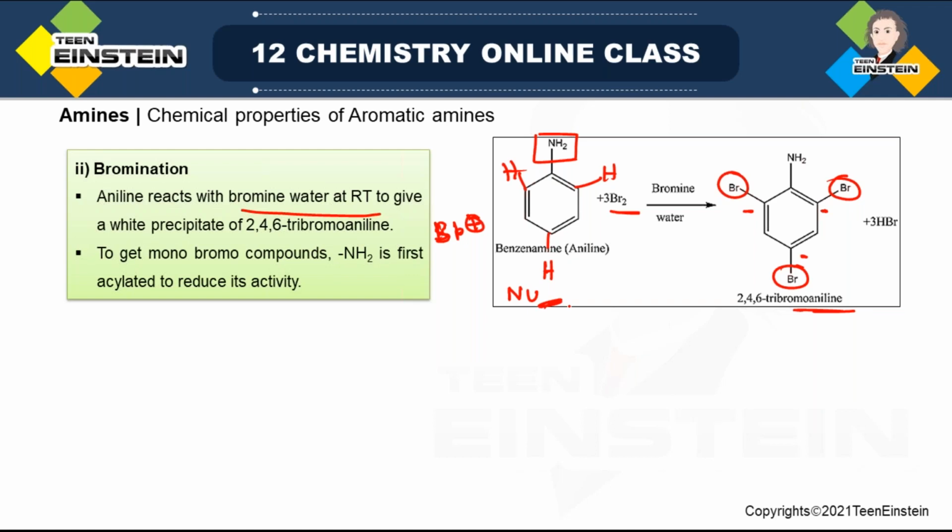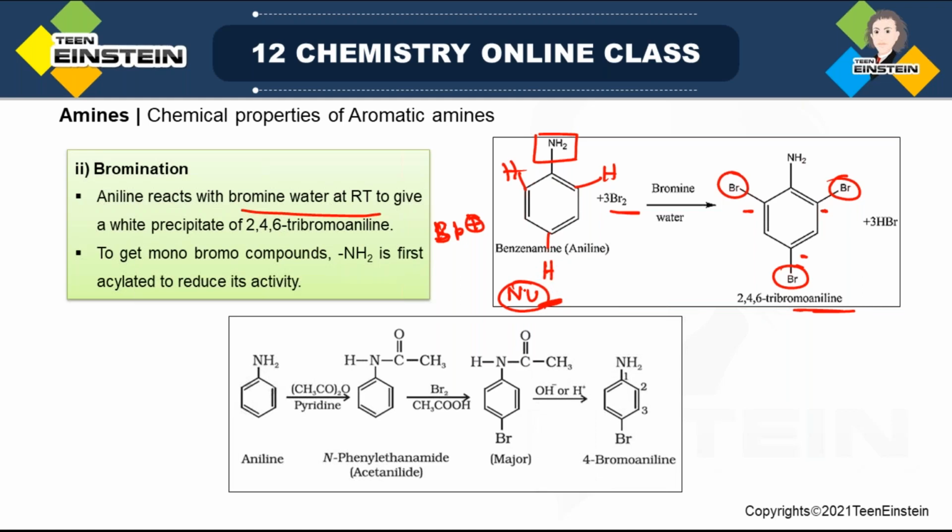But if you want to reduce the electron donating effect of the NH2 group, so that it still behaves as a nucleophile but not so nucleophilic, that means you are controlling it. Instead of getting tri-substitution, suppose you want mono-substitution. Then you have to do the same thing we saw in the previous slide.